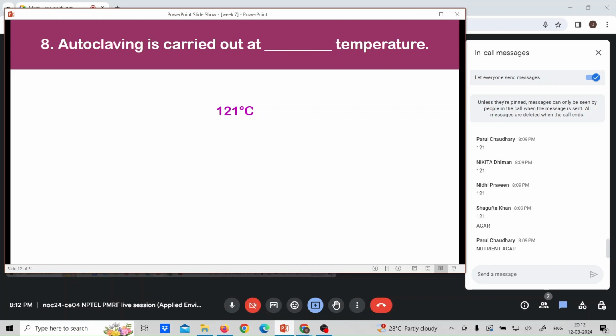So you may have a doubt about what is so specific about this number. Would you like to answer why we choose 121 degrees Celsius?